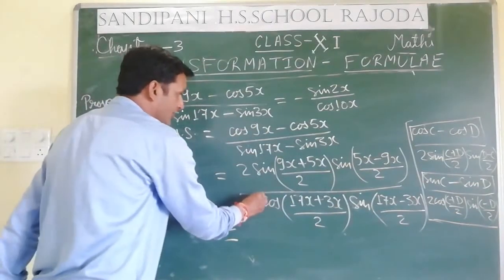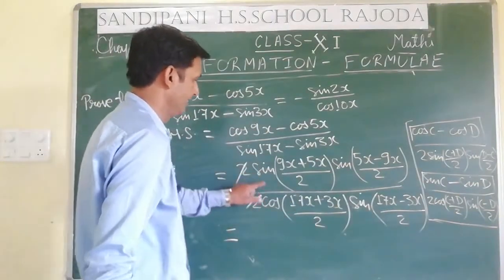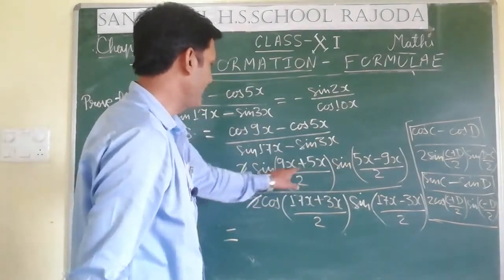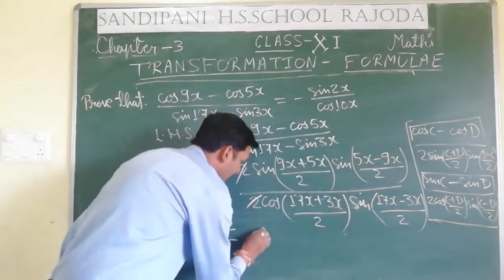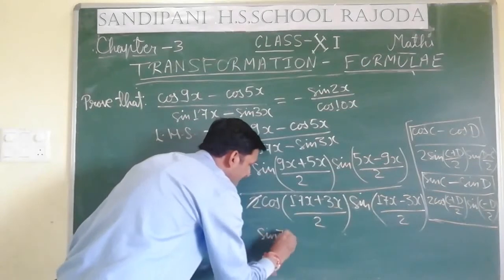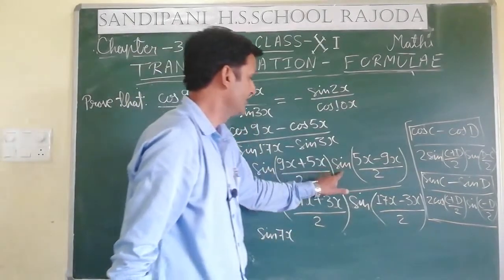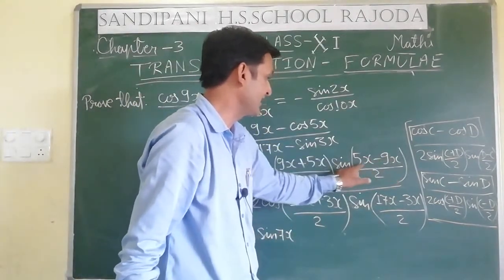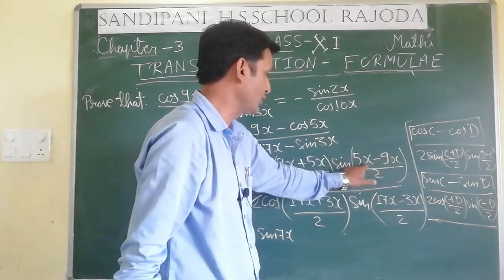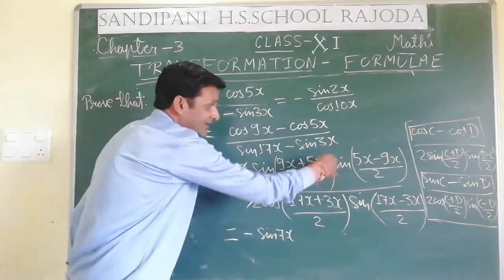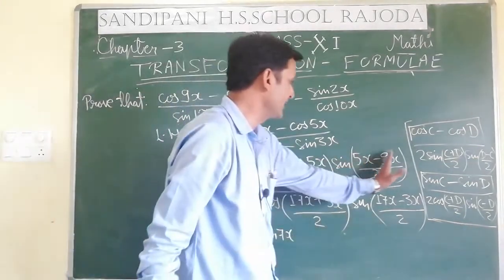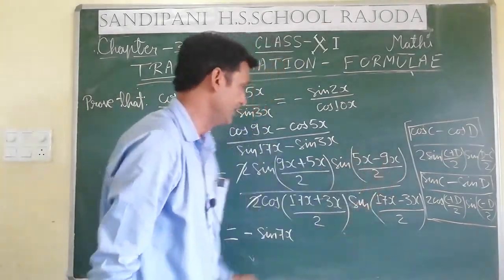Now this 2 is cancelled. Sin 9 plus 5, that is 14, 14 by 2, that is 7, so sin 7x. And here it is sin 5x minus 9x, that is minus 4x upon 2, that is sin minus 2x, because sin minus theta is minus sin theta, so it is negative.